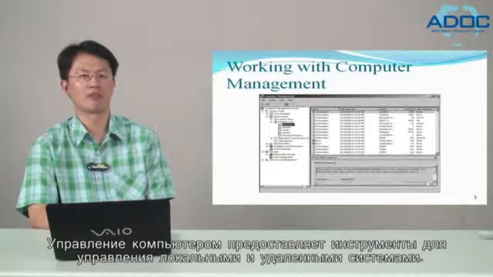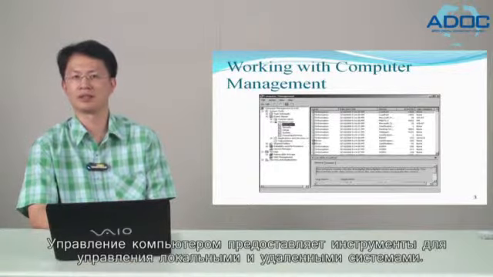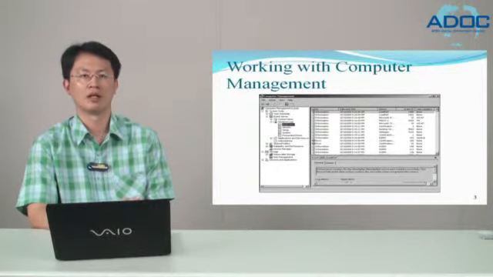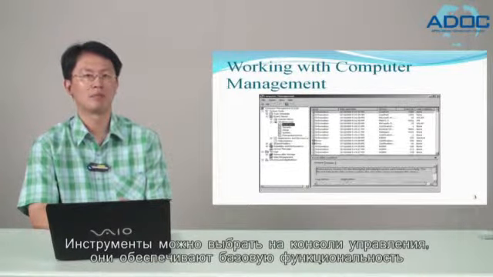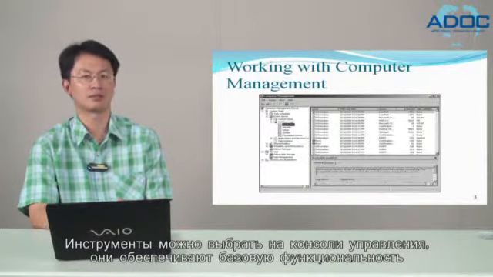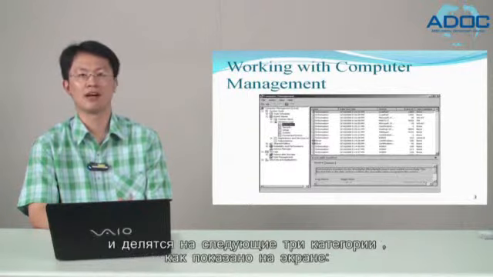Computer Management provides tools for managing local and remote systems. The tools available through the console tree provide the core functionalities and are divided into the following three categories, as shown in the accompanying screens.